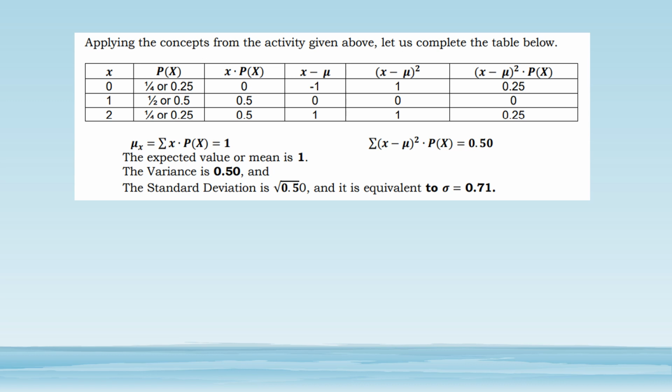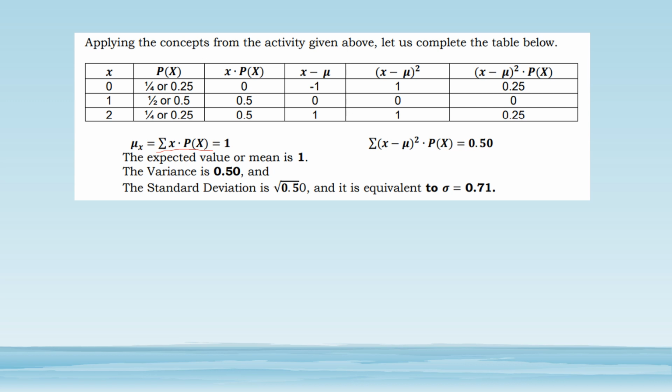Take note that the formula for mean is the summation of x times probability of x. So for us to get the mean, we need to construct a probability distribution wherein from the set data given a while ago for tossing a coin, we will list down all the possible outcomes and the value of the random variable.